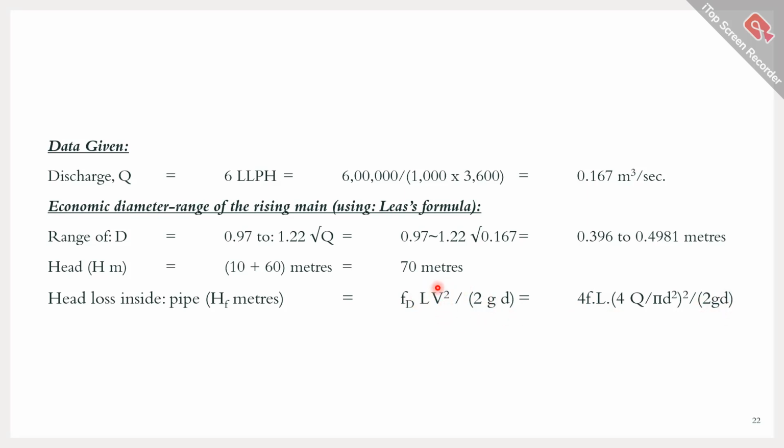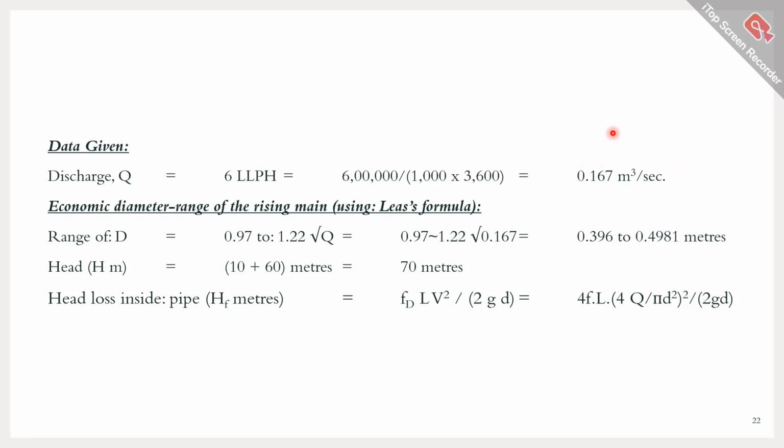Now this V square, we can write it as Q divided by pi D square by 4, because this D is capital D here, the economic diameter. If the diameter of the pipe is D, then pi D square by 4 is the cross-sectional area of that pipe.